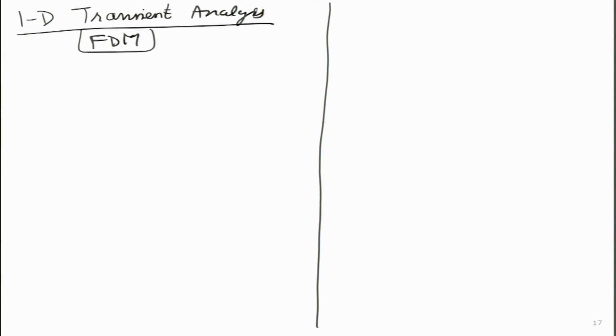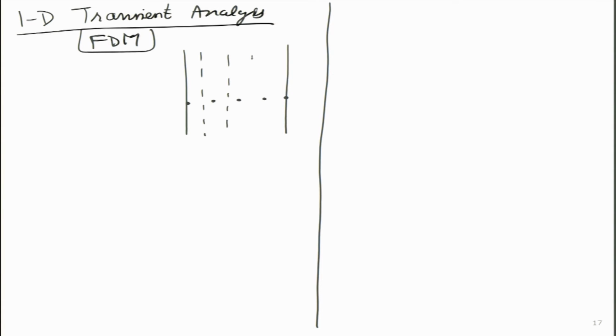So, let us try and see how do we do the transient analysis using FDM, finite difference method, over here. The discretization part I will not spend much time on, because that process remains the same. Just for illustration, we will again divide it into 5 different nodes, and then we will put some boundary over there.